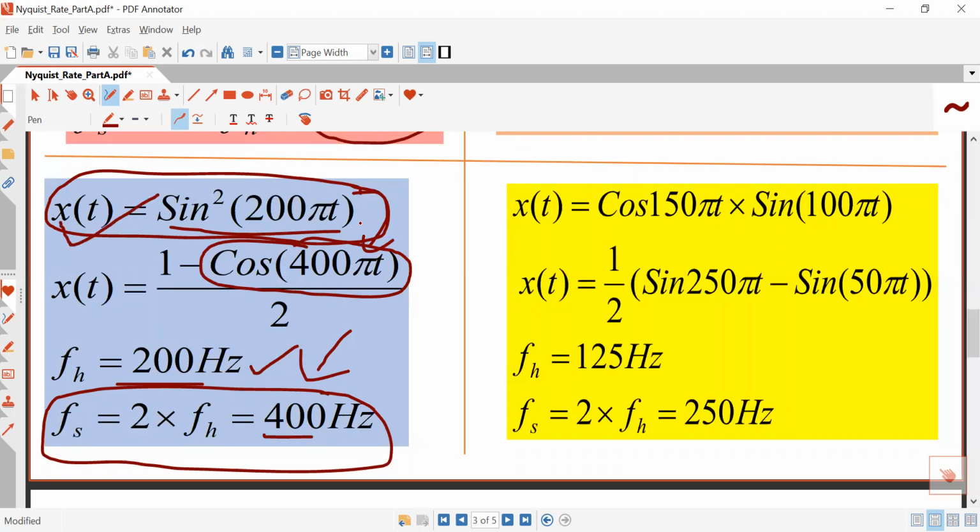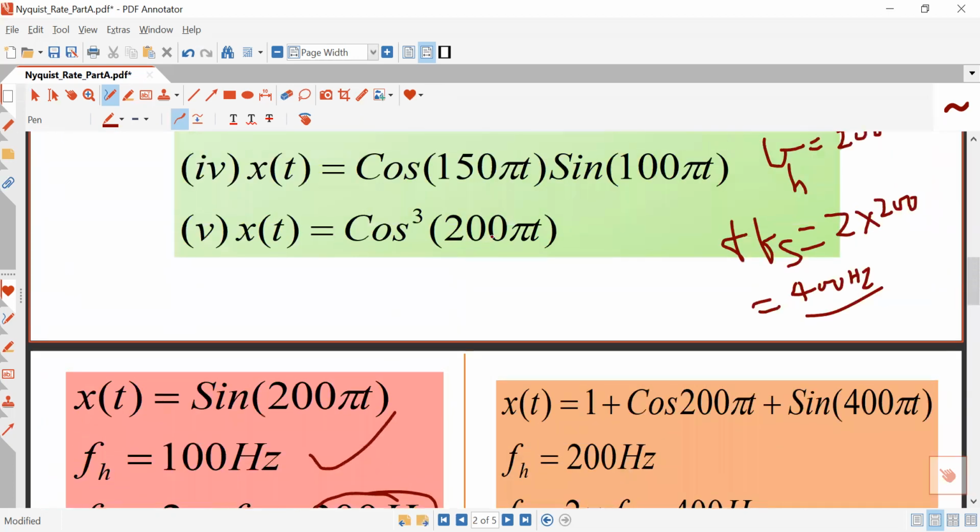But the minimum sampling frequency should be 400 hertz to accomplish this task. So this is the application of the sampling theorem, and this is the importance of Nyquist rate. The knowledge of Nyquist rate, or the minimum sampling frequency, is desirable so that you can reconstruct the original signal from the sampled signal.